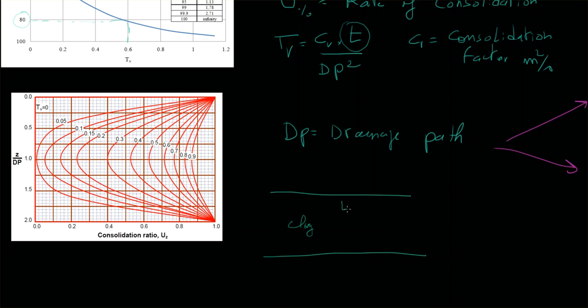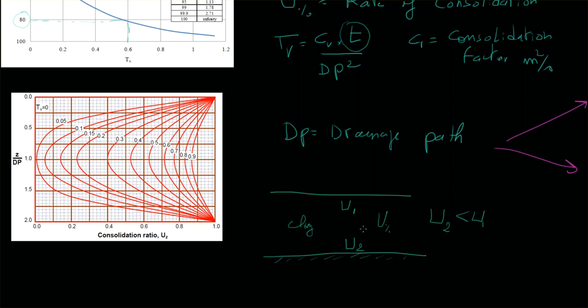That means it will consolidate very fast, while the part that's close to the impermeable boundary will consolidate much slower than U1. So you could say U2 is slower than U1.